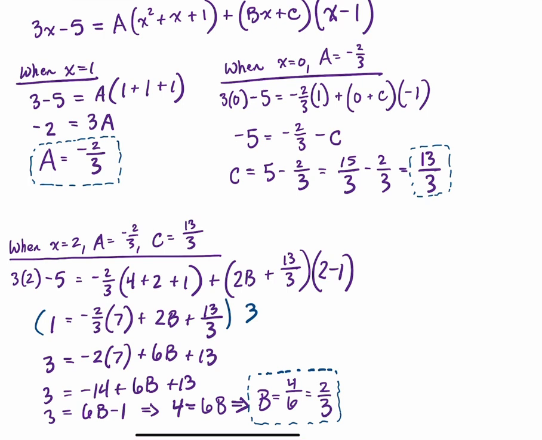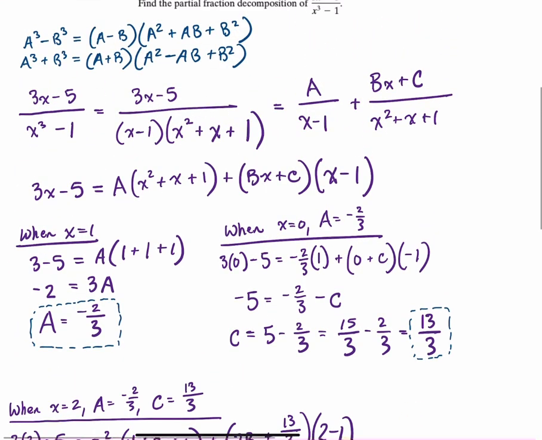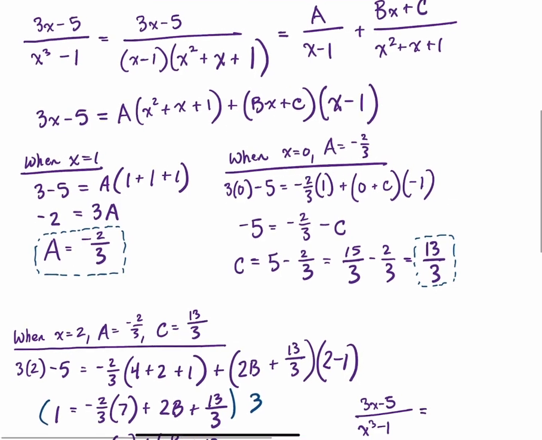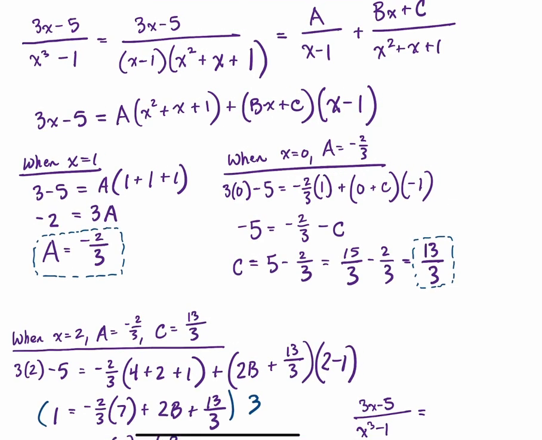So let's write our result. Let me try to fit it in here. We started with 3x minus 5 over x cubed minus 1. We said this is equal to a over x minus 1. Let's try to keep these both on the screen.